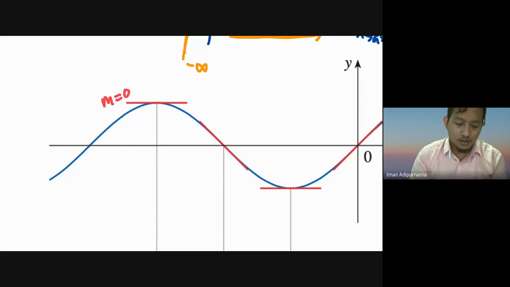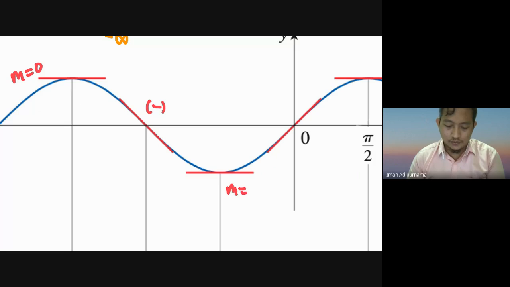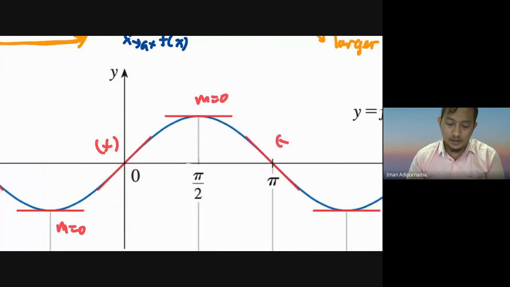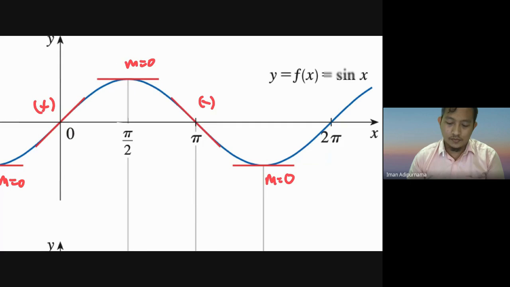This will be 0, the horizontal tangent, and this will be negative, right? It's going down, and it's back to 0, and then positive, and then 0 again, and then negative, and then 0 again. And then it's going to have a cycle.